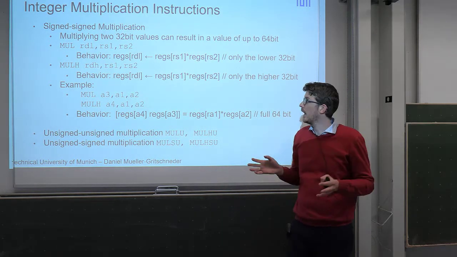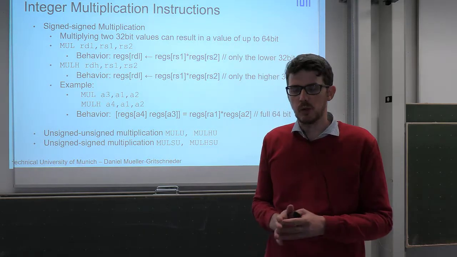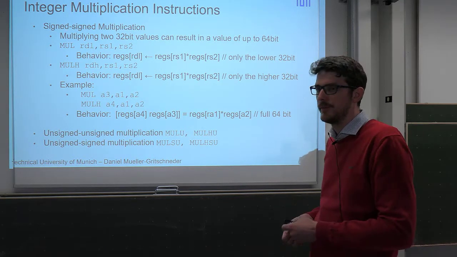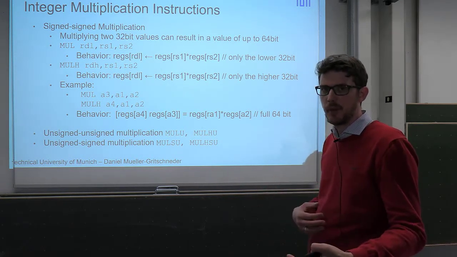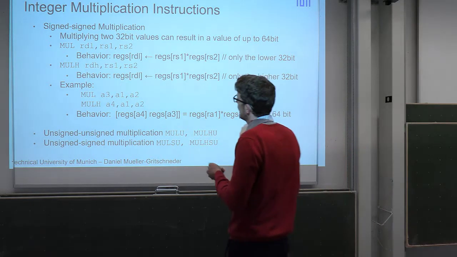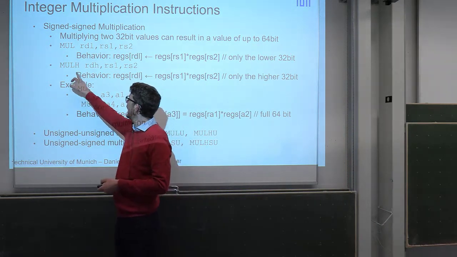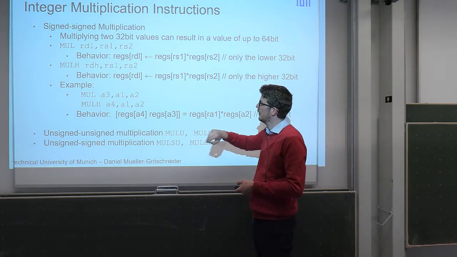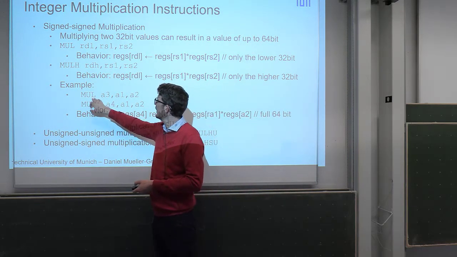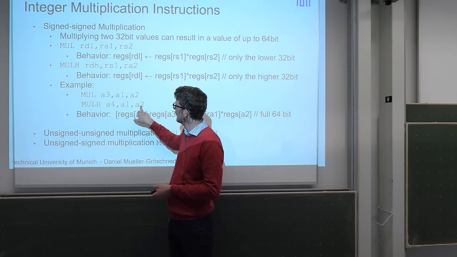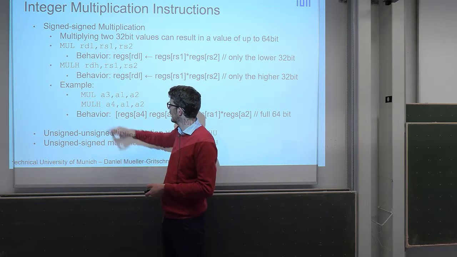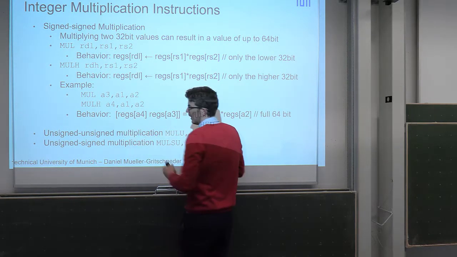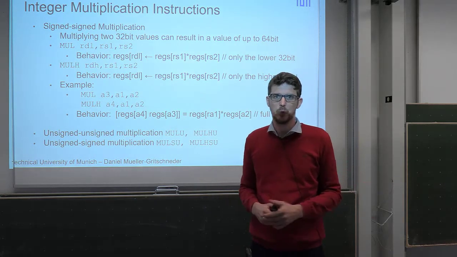So if you know that RS1 and RS2 are very small values, and you know the result cannot be higher than 32-bit, this instruction is enough. If you want to be sure you also get the upper 32 bits, you have to rerun the whole thing but use mulh, and this mulh will give you the higher 32 bits. So if you take both of these instructions and apply them on the same registers, this is the lower part, this is the higher part, then you would get the complete 64-bit multiplication result in these 2 32-bit registers.